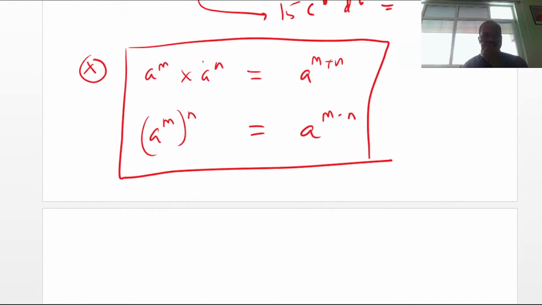So the summary of what we discussed last time is here, and we say that whenever you are given exponents with the same base, and in our case here we have base A, for multiplication of these exponents, you just add the exponents.